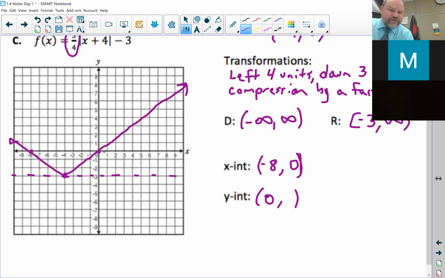There's another place that I cross the x-axis. So I have 2 x-intercepts. And where do I cross the y-axis? I only have 1 y-intercept at 0, 0. So one of the interesting things, if your x-intercept is 0, 0, then your y-intercept will also be 0, 0.